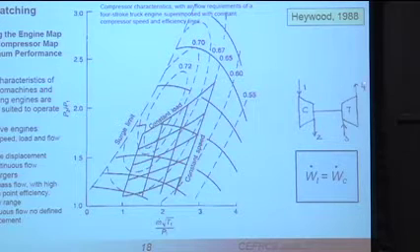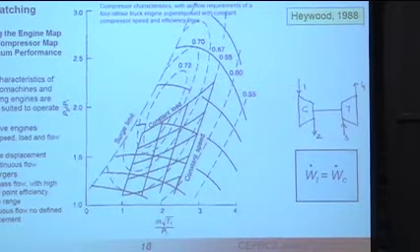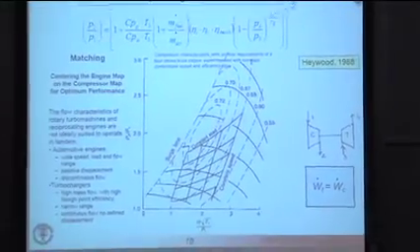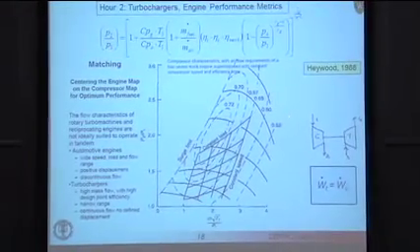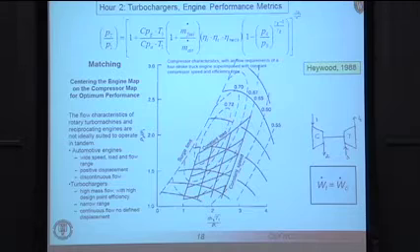P4 here is atmospheric, if you assume you're dumping to the atmosphere. P1 here is atmospheric, if you assume you're drawing air as is usual. And then T3 and T1: T1 would be the atmospheric condition here, and T3 would be the exhaust temperature.